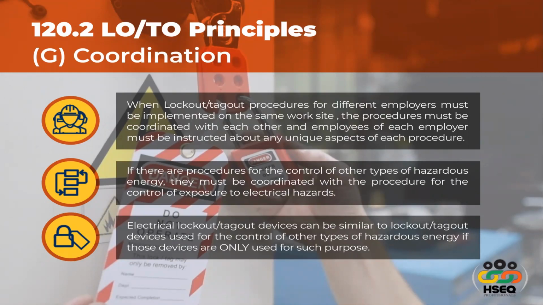Then finally, it says that the electrical lockout and tagout devices can be similar to the lockout and tagout devices used for the control of other types of hazardous energy, if those devices are only used for such purposes.